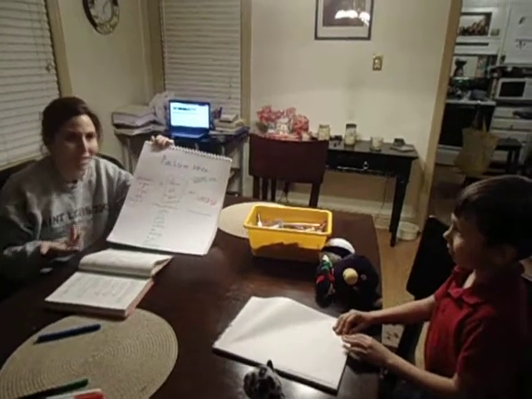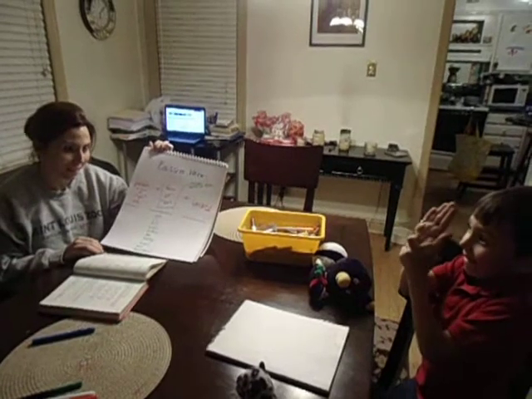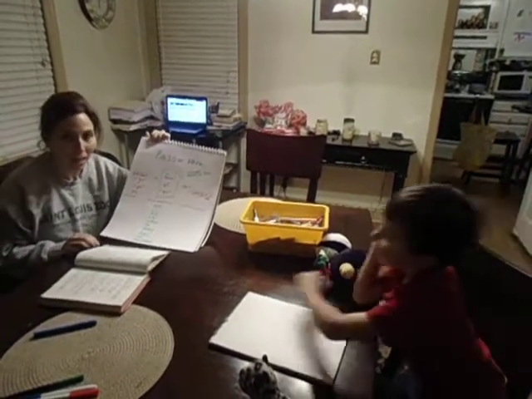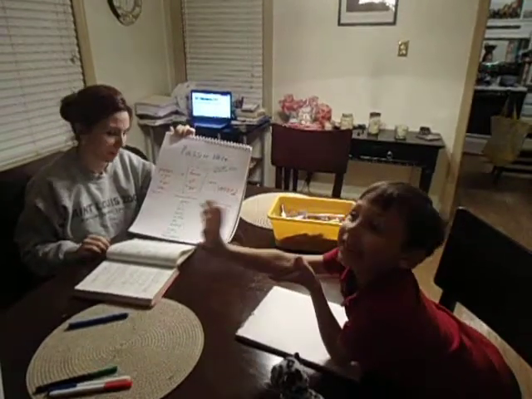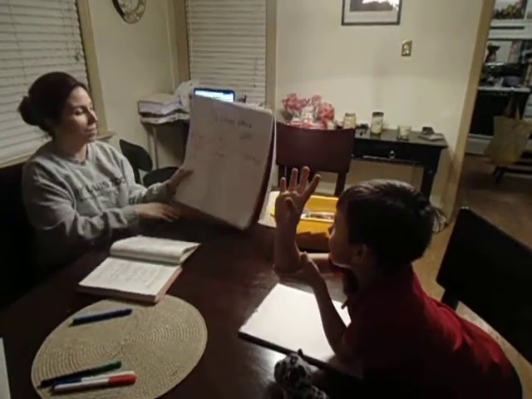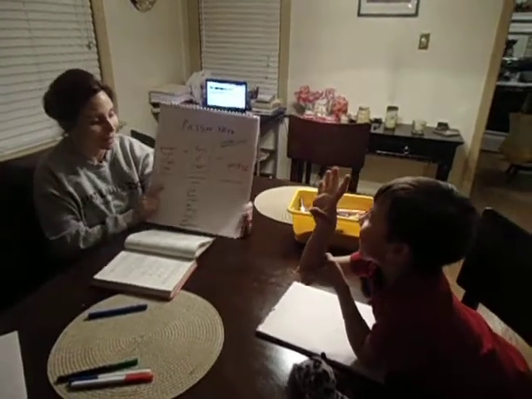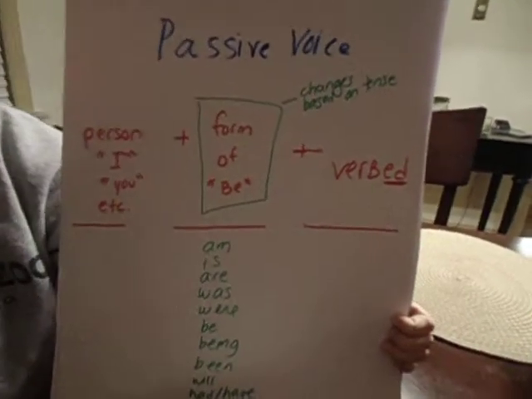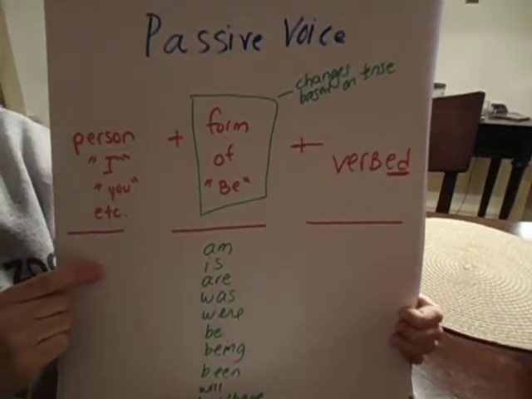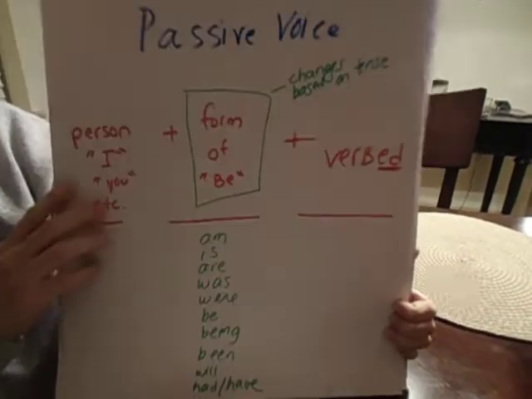Let's first at least review or understand what the passive voice is in English. So the 3 components of passive voice that you will have when you're rendering your new passive voice Latin verbs into English are these. Some sort of subject, so the person: I, you, he, Max, Brandon, whatever.